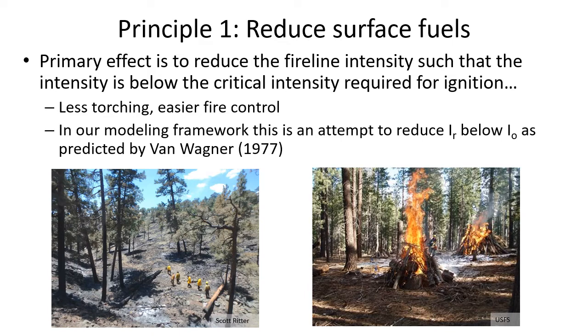We can reduce surface fuels in a lot of different ways. We can directly remove them from the site, which is pretty expensive in most cases. Really common would be to do pile burning, as we see here on the right, where we're taking surface fuels or maybe even some slash we've created in the treatment and piling it up and then coming in and burning it, oftentimes during the winter.